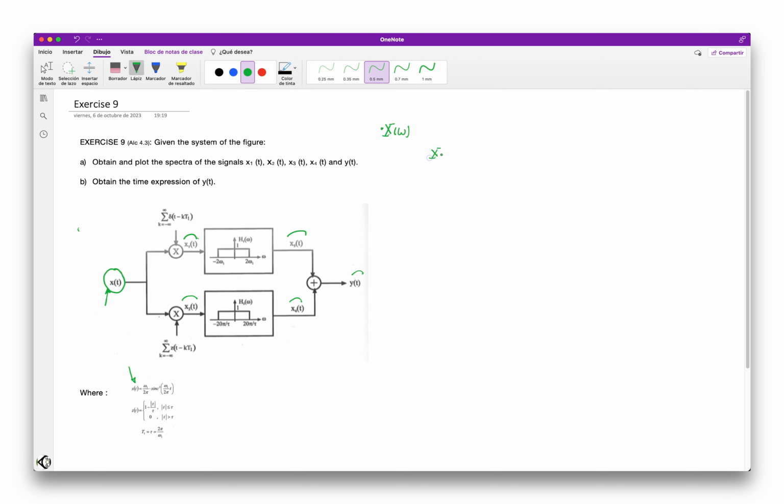So X(omega) is the Fourier transform of x(t), which is given as data. So this is omega 1 divided by 2 pi sinc square of omega 1 divided by 2 pi t, as given here.